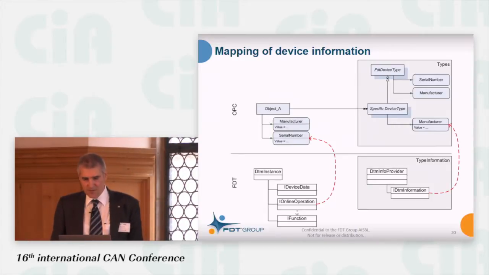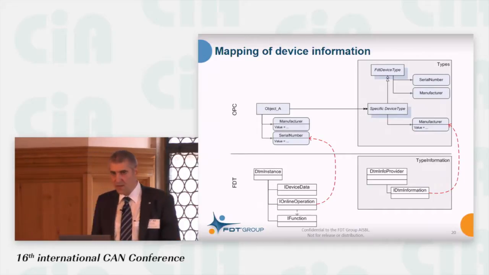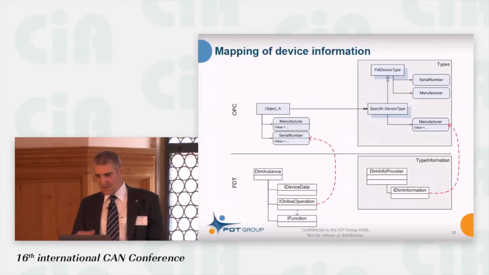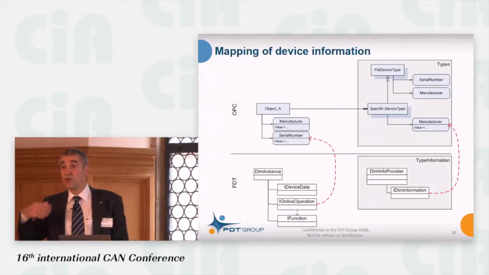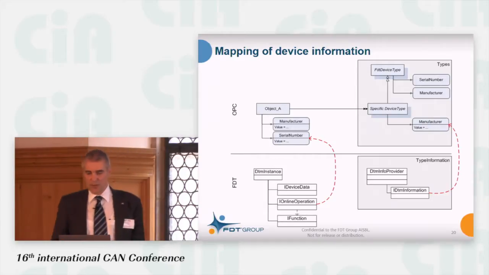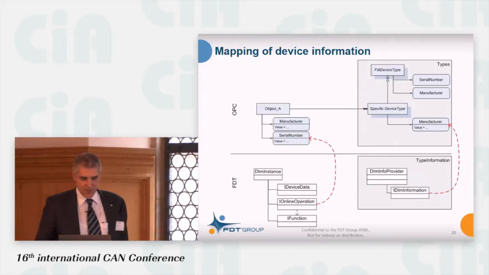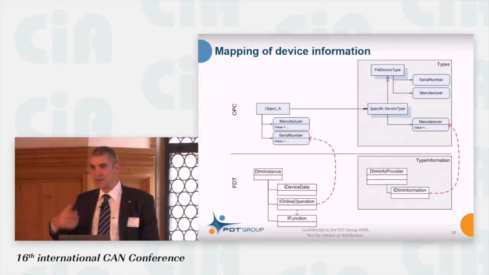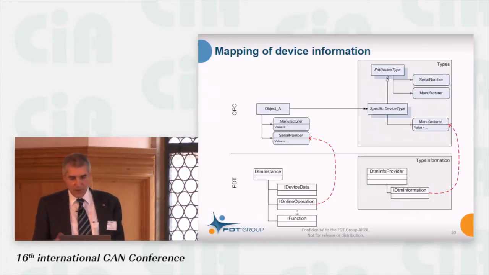Here, for example, the device information. In the instance data of the DTM, you have the serial number, and in the type information, you have the manufacturer. These two pieces of information are then mapped into this object A of the OPC UA device model.